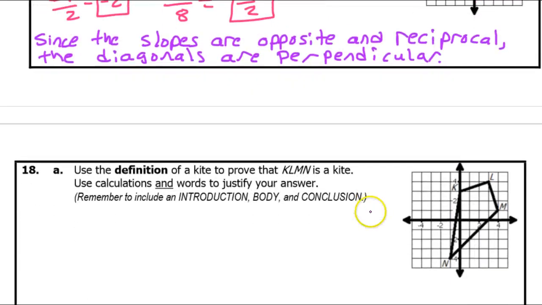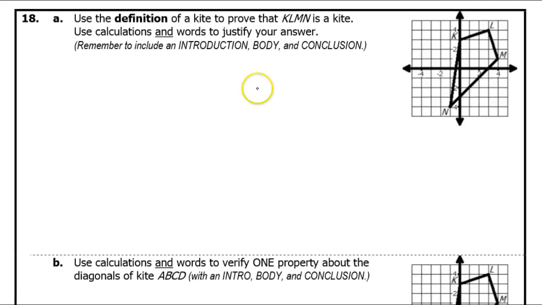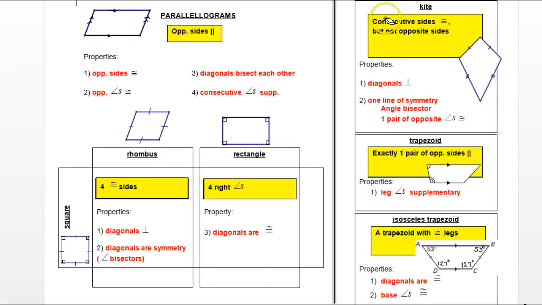Okay, let's do that same basic thing one more time. So this time in problem number 18, we're dealing with a kite. So first we're going to prove it's a kite, and then we are going to verify a special property of a kite. Now the definition of a kite is that we have consecutive sides that are congruent, but not opposite sides.